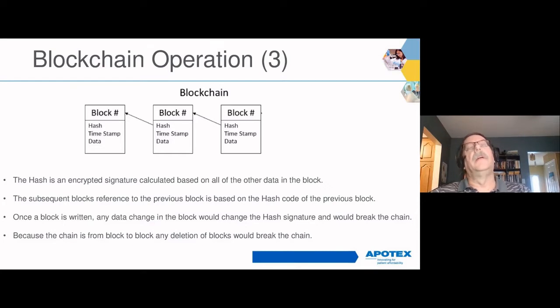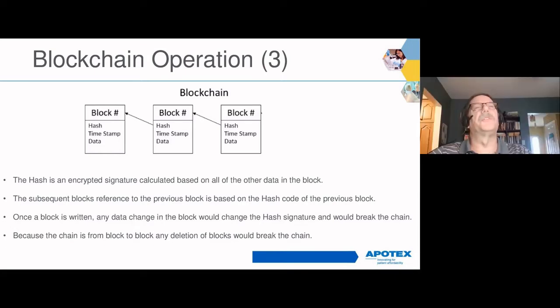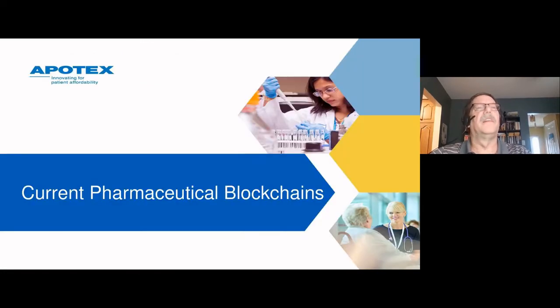And again, you could recover that from one of the other nodes, assuming that no one managed to break enough nodes to disturb the whole system. So that's a brief explanation of what a blockchain is and how it operates.